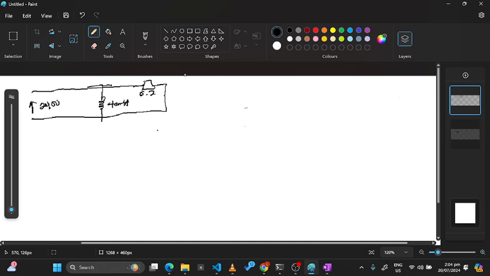Okay, so we are supposed to determine the rotor speed. We've been given the slip, but we're not given the number of pole pairs. We know synchronous speed to be equal to 120 F divided by the total number of poles.